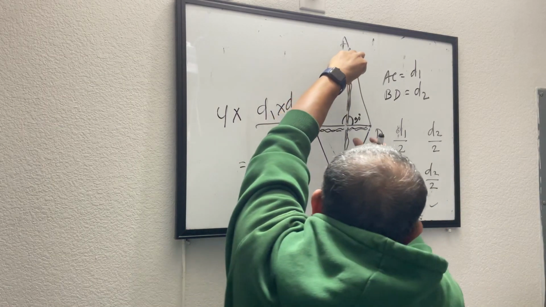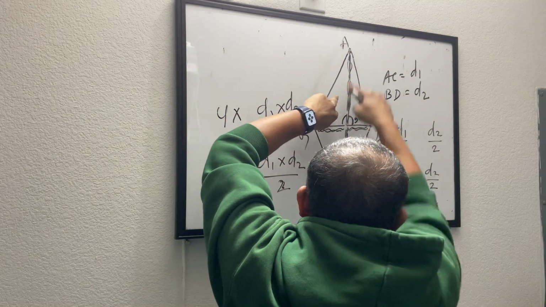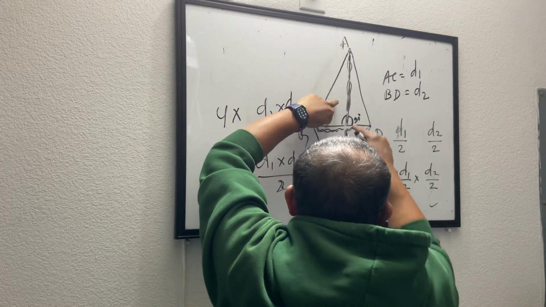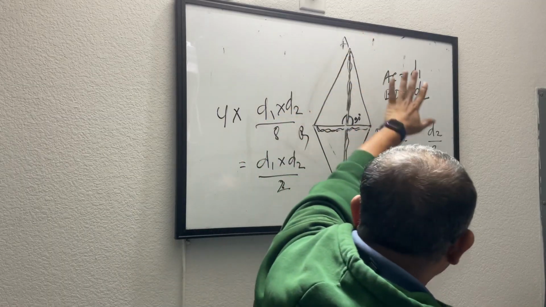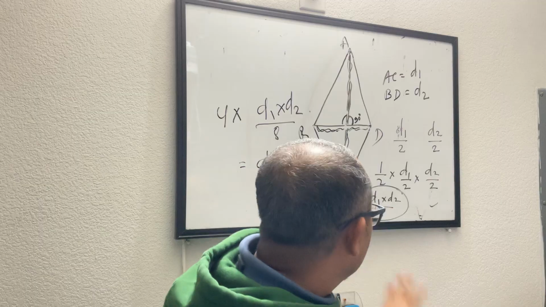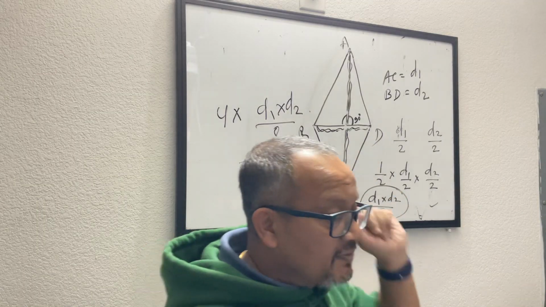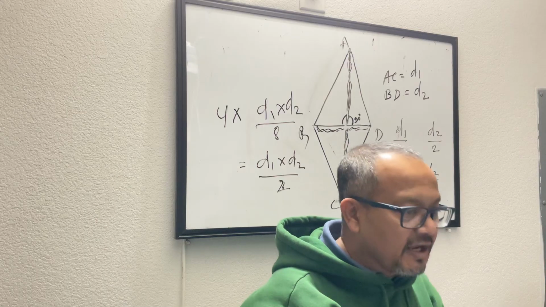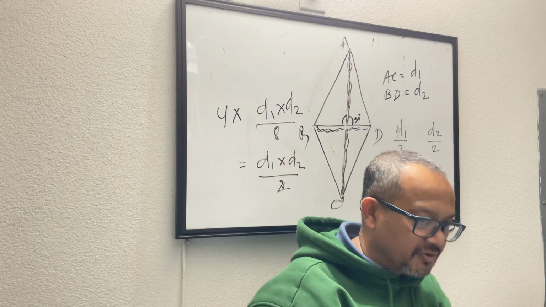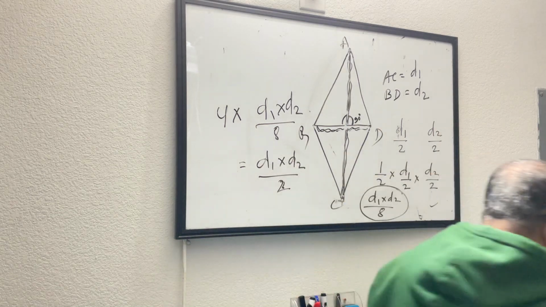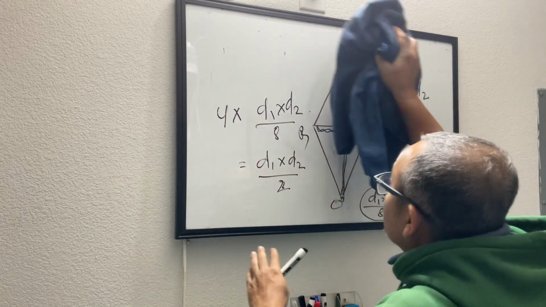From that we figured out that if these 4 triangles are the same, this length and this length are the same, and this length and this length are the same. From that I was trying to derive the formula, and nobody has to remember it or try deriving it. I promise that when you are in 8th grade and above, I will explain it to you one more time, applying the concept of the theorem of congruence. But for now, what you have to remember is that the area of a rhombus is 1 by 2 into diagonal 1 into diagonal 2. Same as a triangle, where you say the area is half into base into height. In case of a rhombus, you will not say half into base into height, you will say half into diagonal 1 into diagonal 2. I'll come to you. I know you are waiting for your turn.